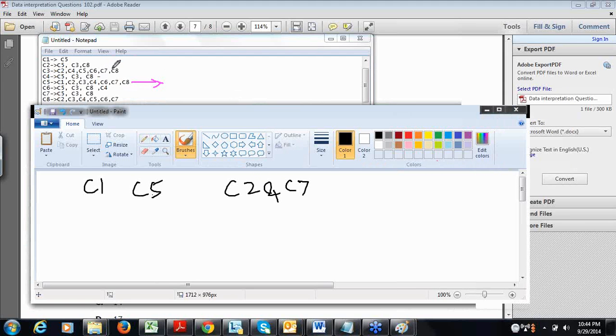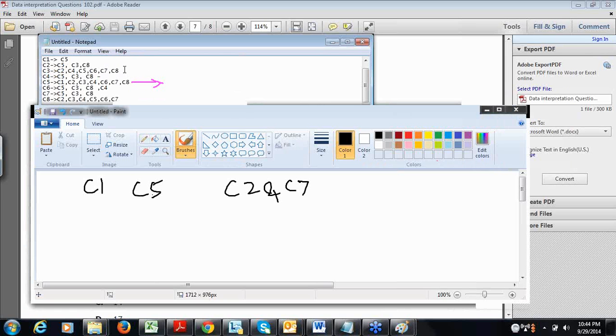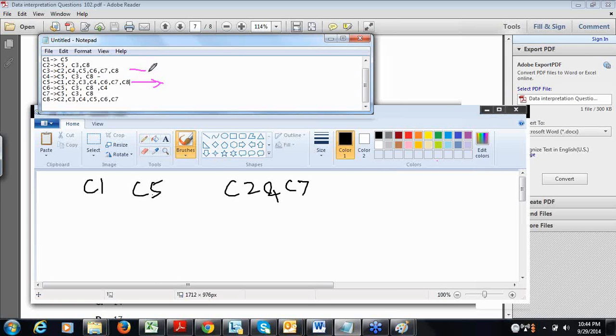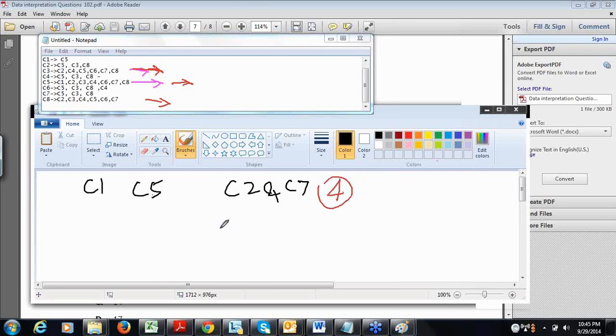If you consider C2 and C7, you can have this, this, or this. So the maximum you can have is four companies, because C2 or C7 will have only three competitors, so the total companies in that region is 3 plus 1, so 4 companies.